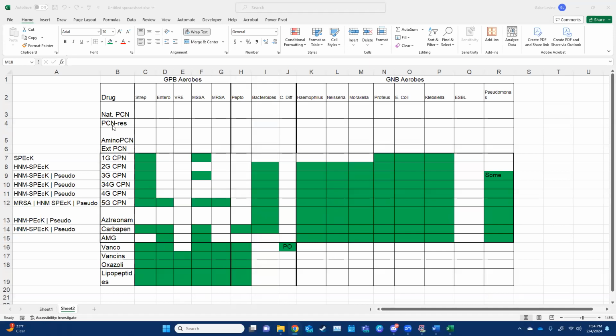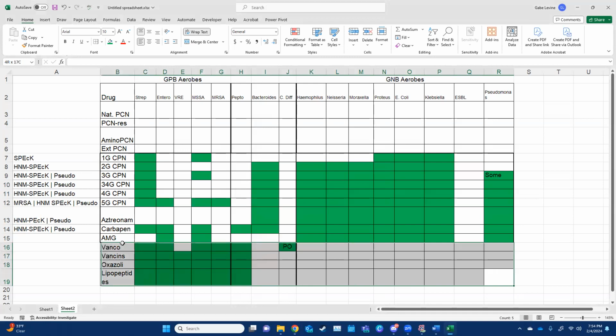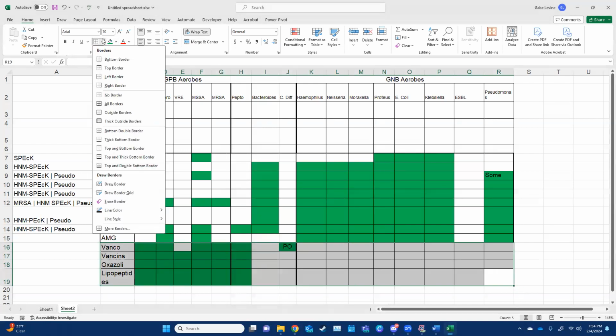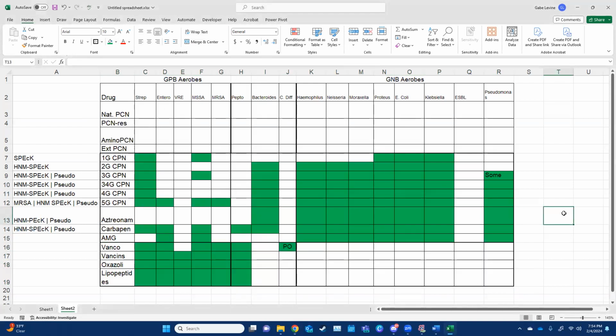All right. Going up to our penicillins. The penicillins are probably the most difficult because they don't have as easy of a trend that we can plot out. With our cephalosporins and the other beta-lactams, we can see that we're gaining gram-negative coverage, gaining Pseudomonas coverage, and then we have some random-ish gram-positive coverage.